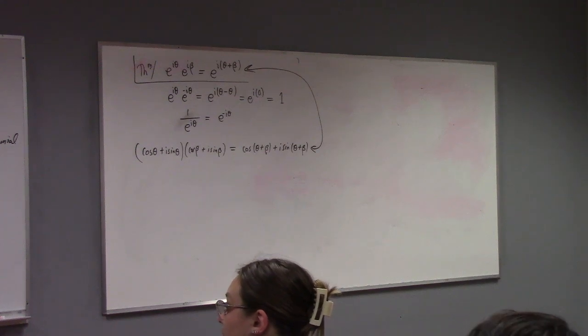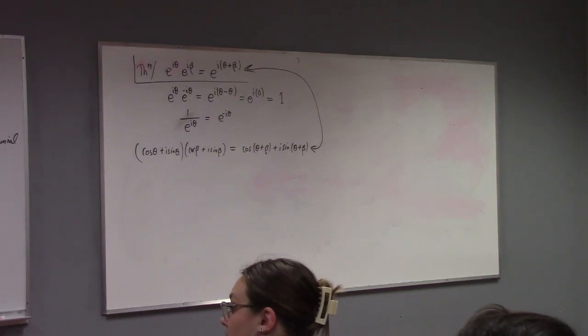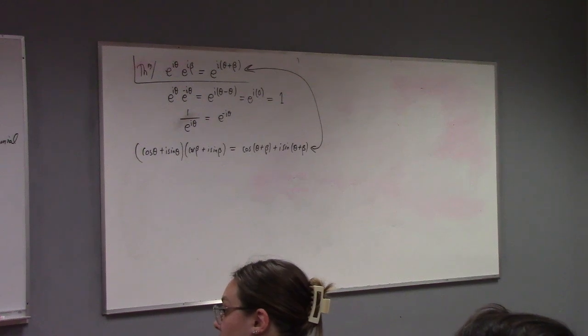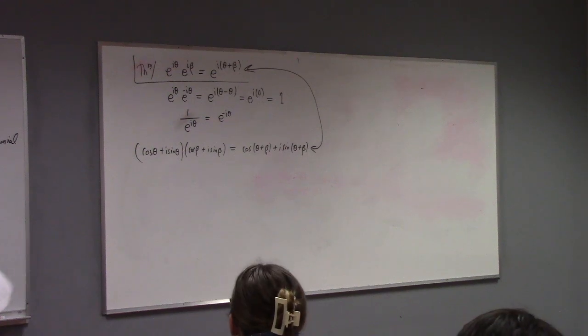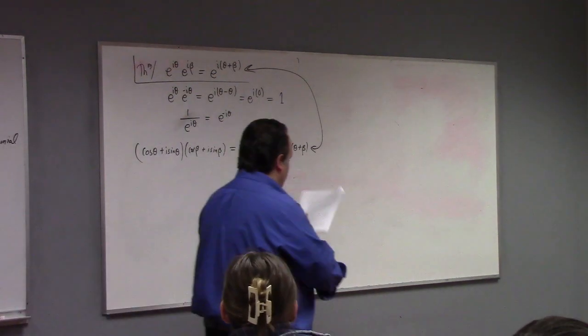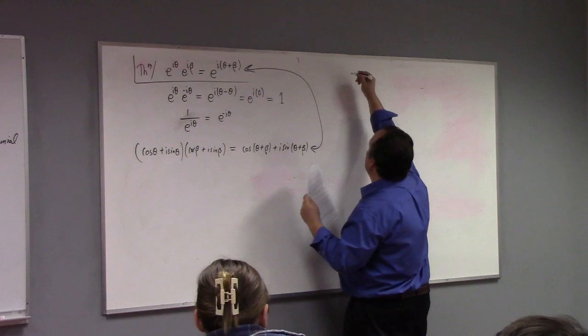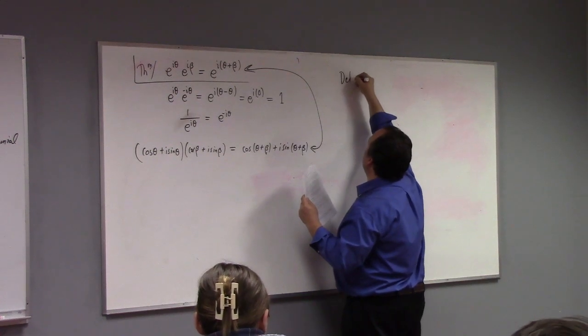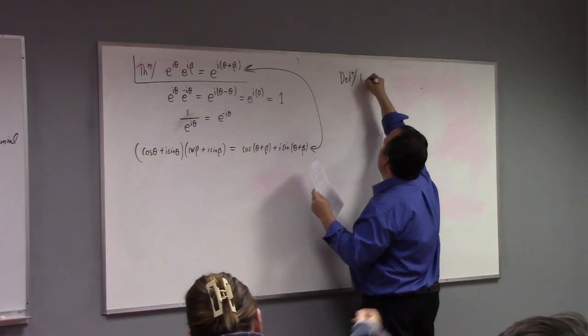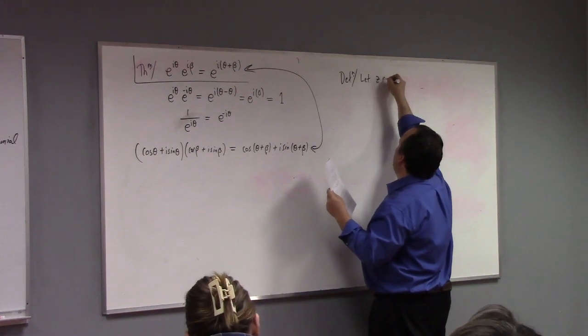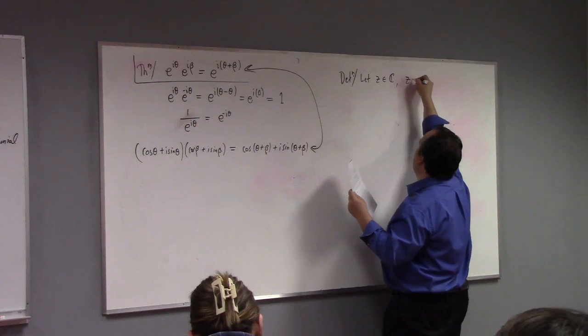All right, so I need to define for you guys. I just threw out theta as the standard angle here, but we have notation to be more systematic about this, and this is important. It's a little bit fussy, but here's the definition. Let z be a complex number with z not equal to 0.